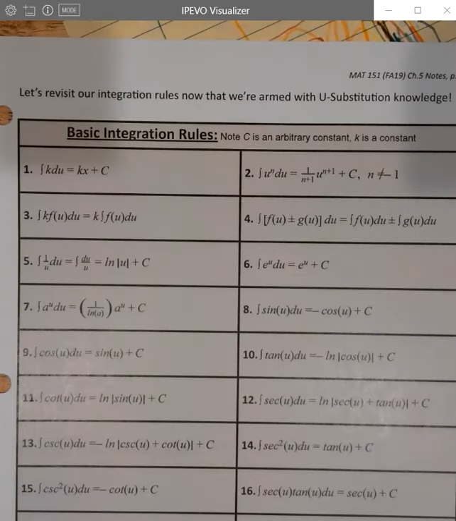Okay, on the next page, let's revisit our integration rules now that we're armed with some u substitution knowledge. So these deal with the rules that we gathered in 4.9, the basic anti-differentiation rules or integration rules. They're just rewritten in terms of u.